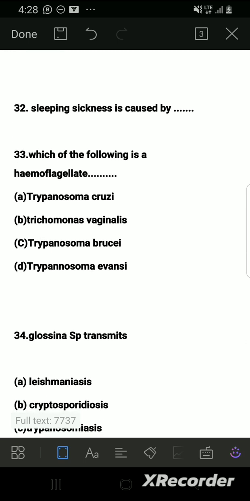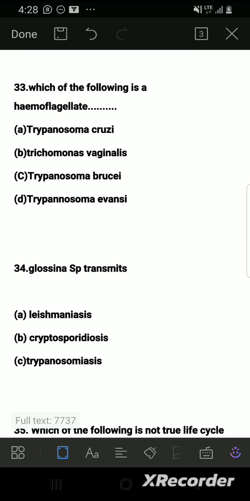So number 34 says the Glossina species transmits what? The Glossina species, also known as the tsetse fly, transmits trypanosomiasis.